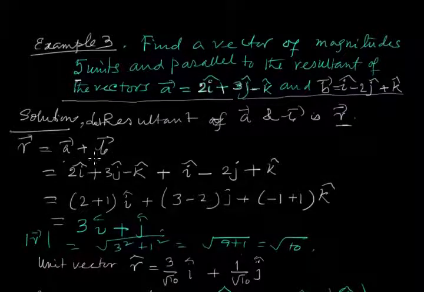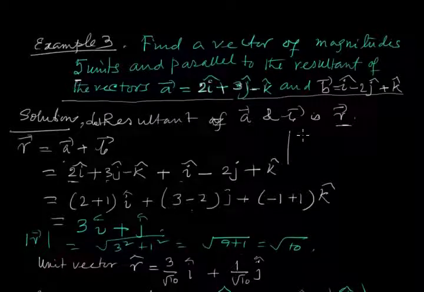And we know how to add their components of i along the direction of the scalar quantity: 2 plus 1, then 3 minus 2, and then minus 1 plus 1 k.